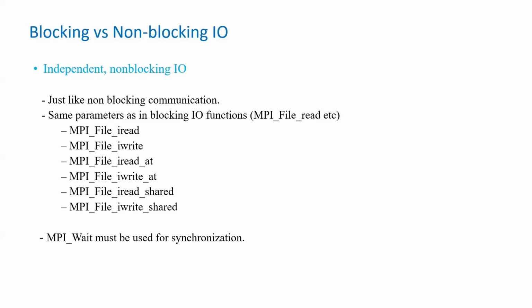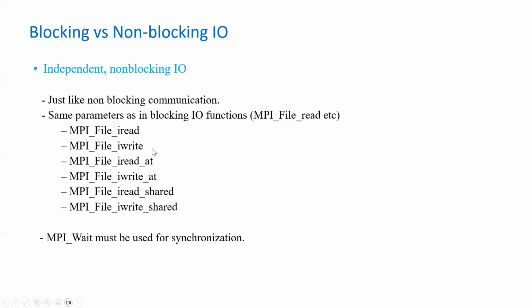And then the other one is blocking or non-blocking I/O. Blocking I/O is just like the read and send, receive. You could have blocking I/O, where you need to wait for a return, and non-blocking, where you don't need to wait.